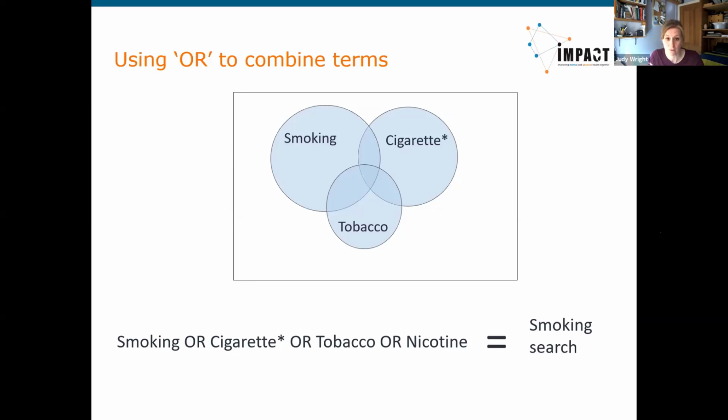All of them are relevant. They all are kind of pointing to the same thing for us. So we would use OR, and one way to help you remember how OR works is to think that OR is more. So we're getting more and more results when we're combining with the OR, and we're hopefully finding this large set of results which has got smoking, cigarettes or tobacco together.